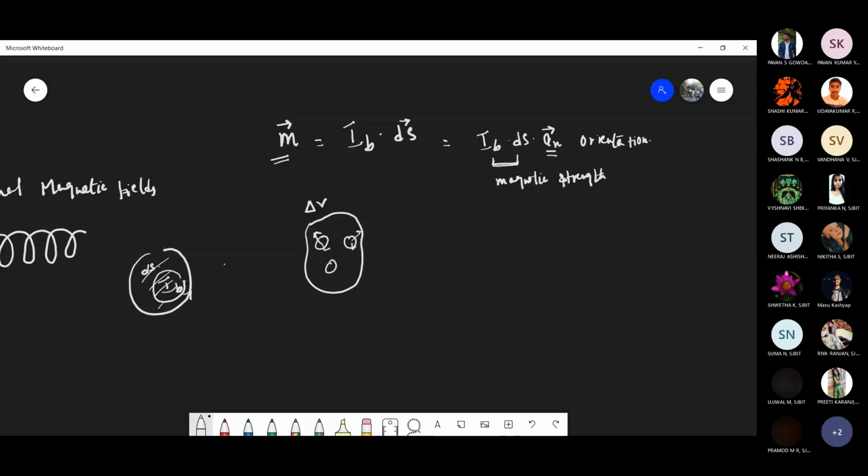Orientations are random without a magnetic field, where B is equal to 0. Therefore, M is also equal to 0. Magnetization is 0 here, and these are called magnetic dipoles.